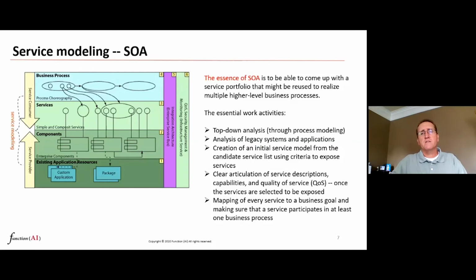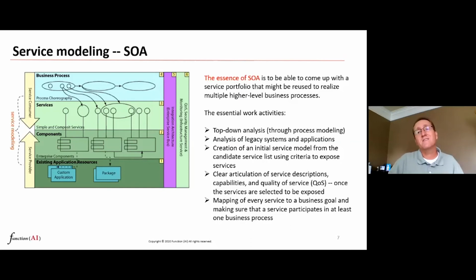Ultimately, as your organization begins to mature, we want to take a look at the service modeling that mature organizations are moving to. When you have a service-oriented architecture, and we're not going to dive too deeply into what that is here, the essence of the SOA is to have a service portfolio.